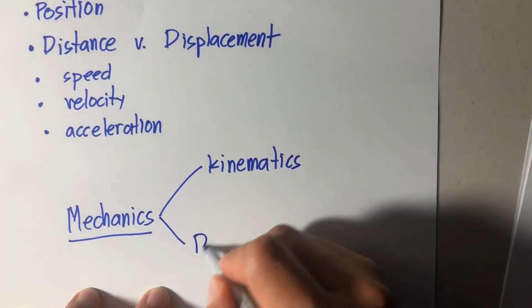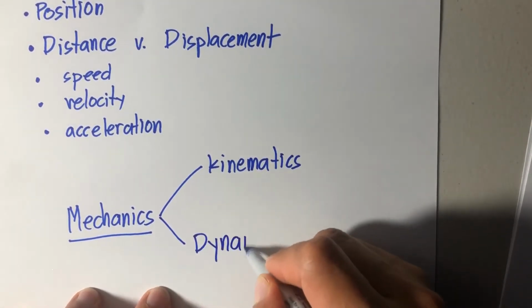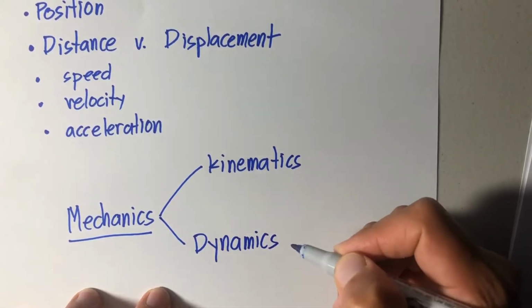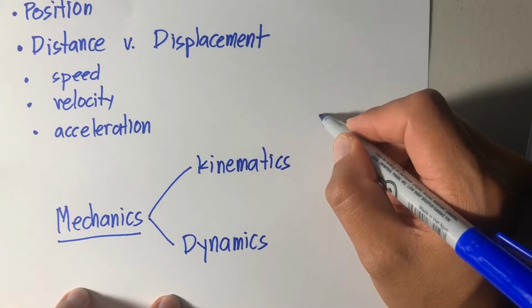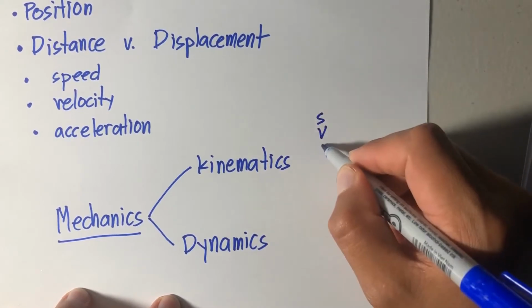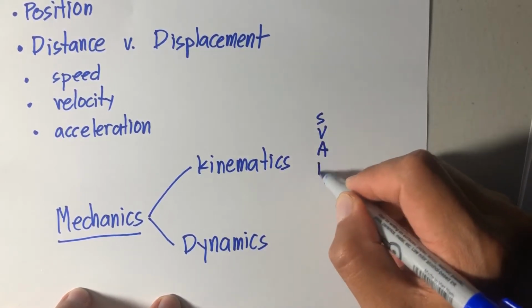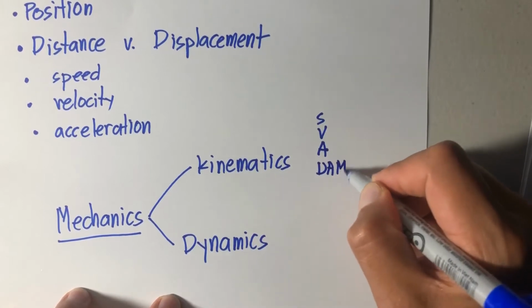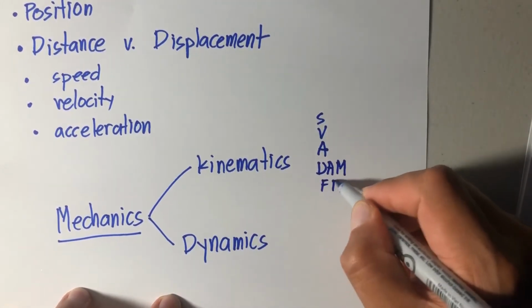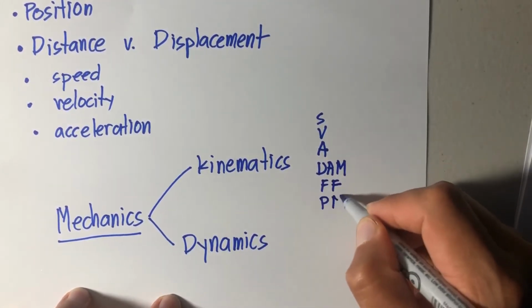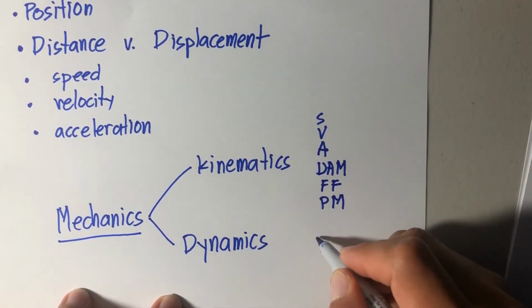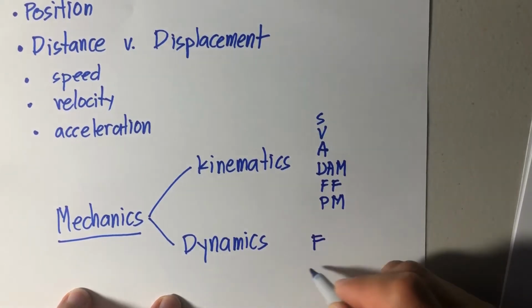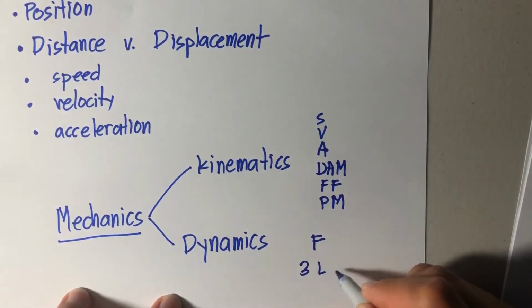Then you have here dynamics, which is the study of motion and its causes. Under kinematics, we will discuss speed, velocity, acceleration, uniformly accelerated motion, free fall, and projectile motion. Under dynamics, we will discuss forces and the three laws of motion.